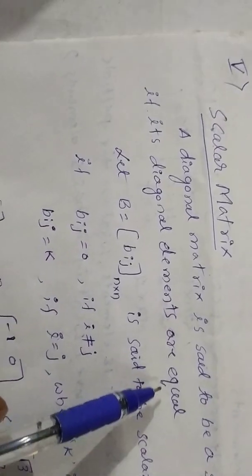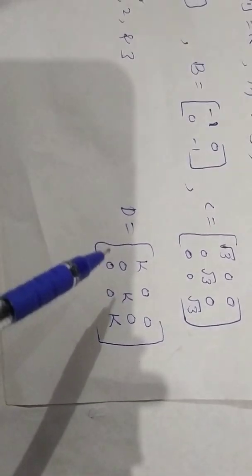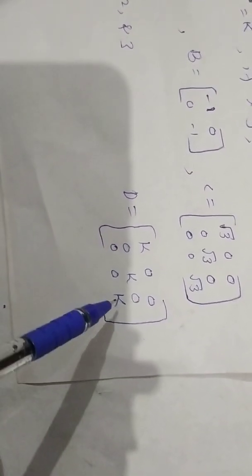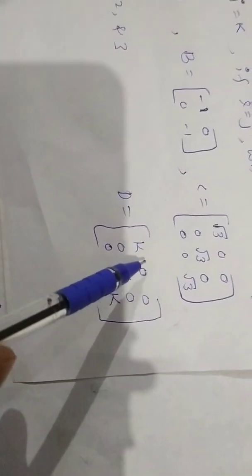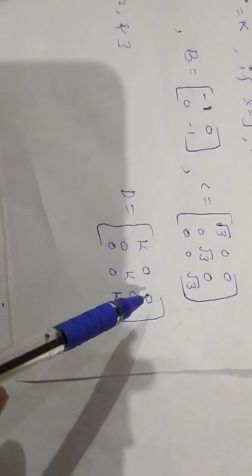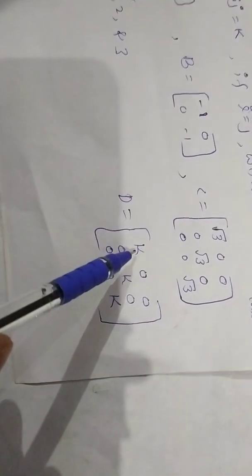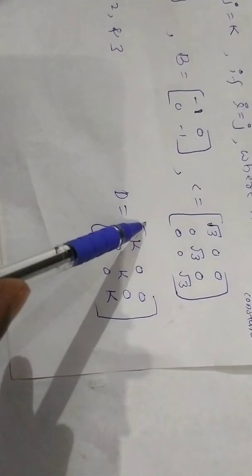Let us consider the example here. Let matrix D equal K, 0, 0, 0, K, 0, 0, 0, K. This is a square matrix because this is a diagonal matrix. Diagonal matrices are always square matrices. Here the important thing is to draw the principal diagonal.